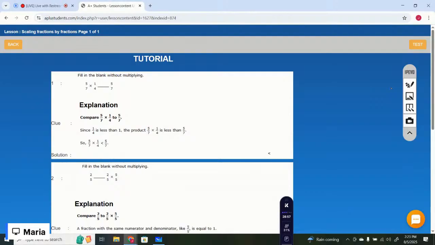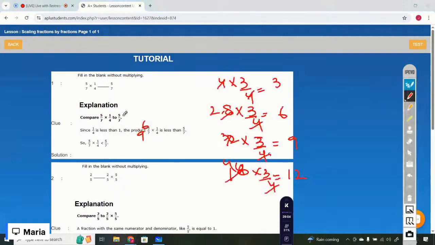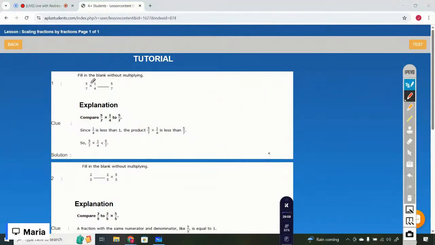Basically, fill in the blank without multiplying. We need to compare them, like if they are less or greater. So 5 times 1 is 5 and 7 times 4 is 28. That would be 5 over 28, right? 5 out of 28 is less than 5 out of 7. So less it is.